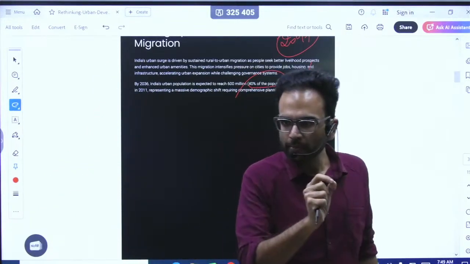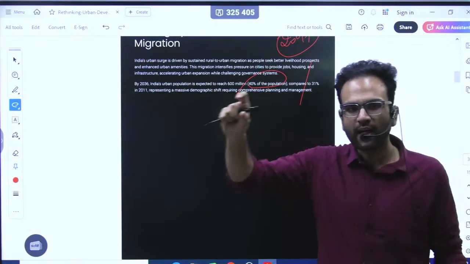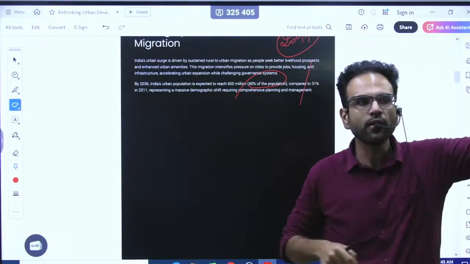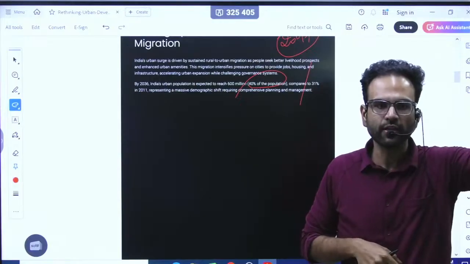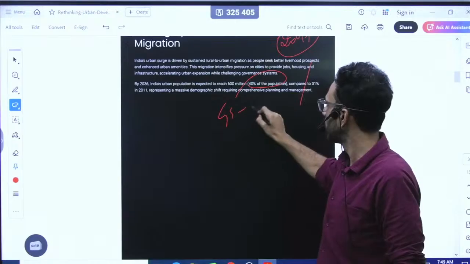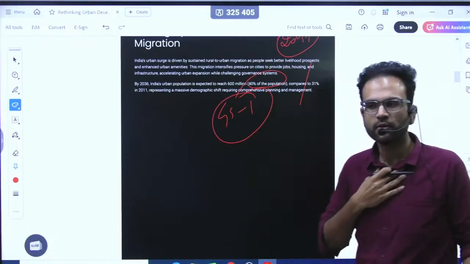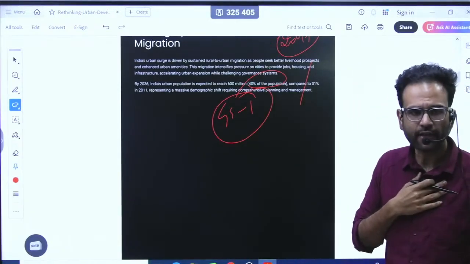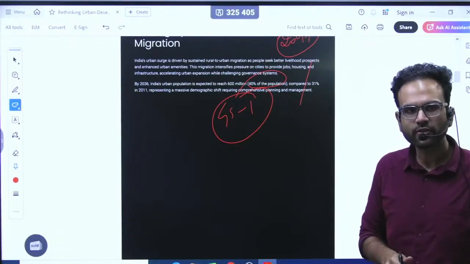When an economic process changes the value system, it will have an impact on the salient features of Indian society, that is GS1. What are the salient features of Indian society?